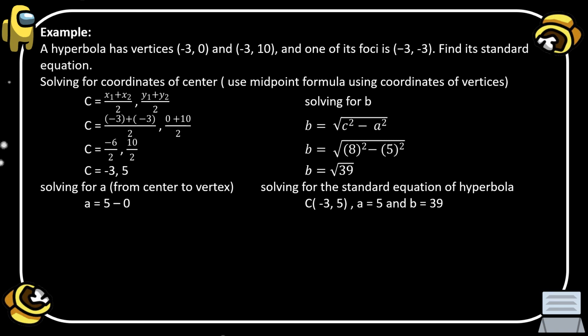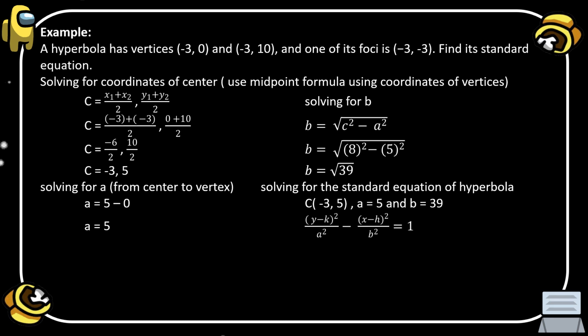So see, even if you use vertex 1, center to vertex 1, the answer is still 5. Center to vertex 2, the value of a or the distance a is still 5. You can also use the distance formula, and the value is still equal to 5. Okay, so now we have the value of a.